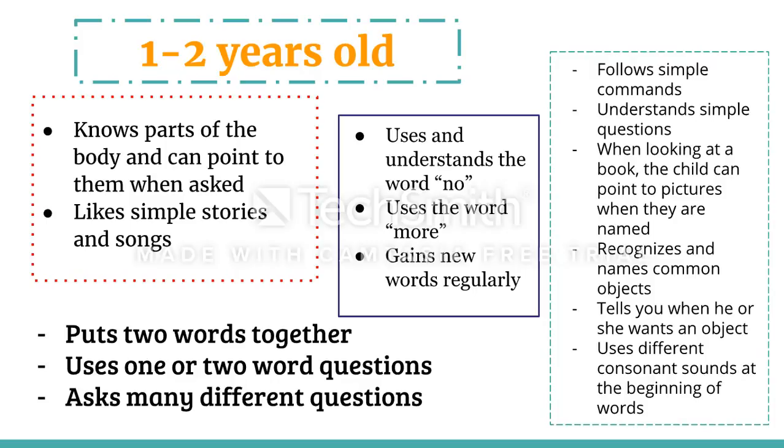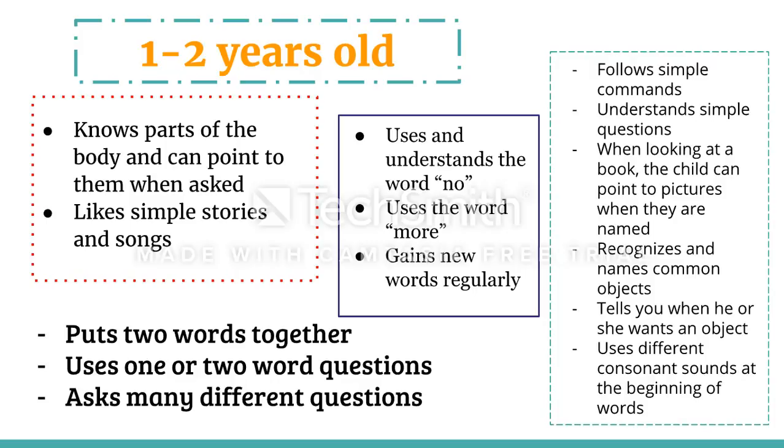So if you ask them a simple question like that, they should be able to understand and know what you're talking about. And then if you're looking at a book with the child, they can point to the pictures when named. So if you say, when you're looking at the book, here's the dog or something like that, they should be able to point to the dog and things like that.